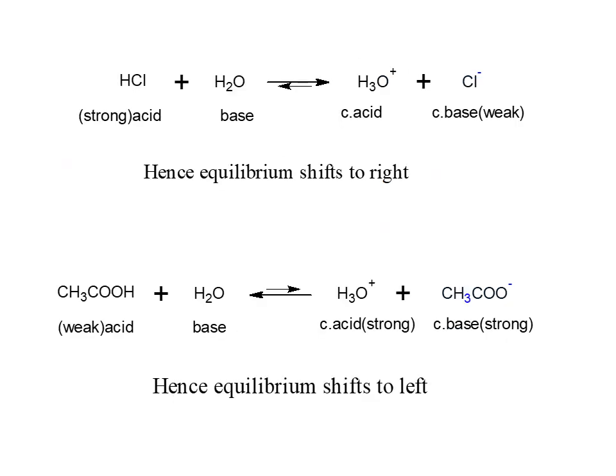If you compare HCl as well as hydronium ion, HCl is found to be stronger, so usually the equilibrium shifts towards the right. For example, if you take acetic acid as well as hydronium ion, this hydronium ion is found to be stronger than the acetic acid, hence the equilibrium shifts to the left.